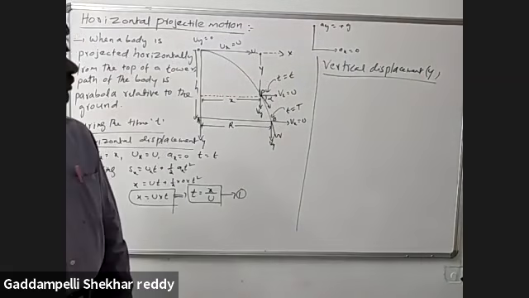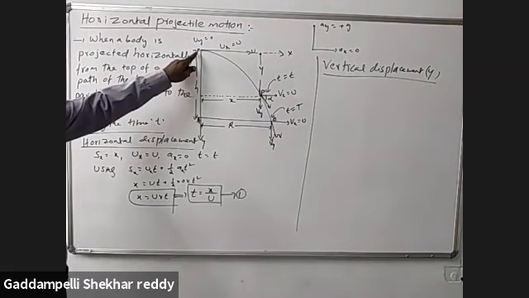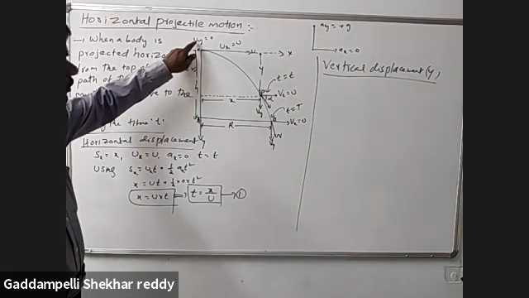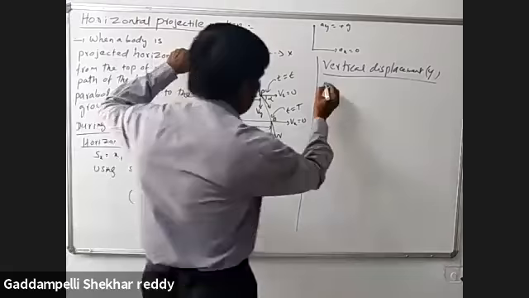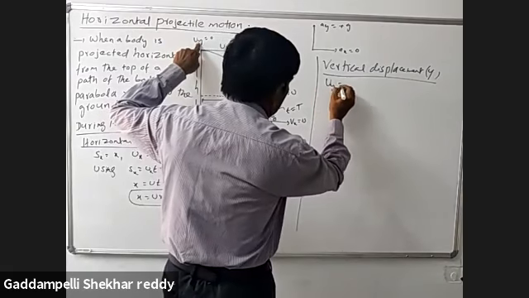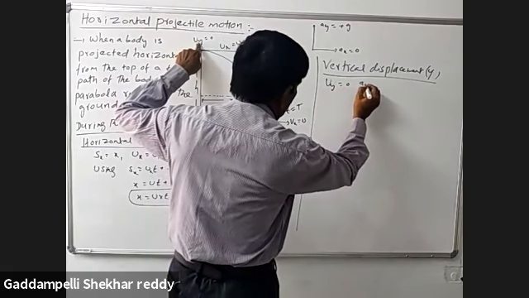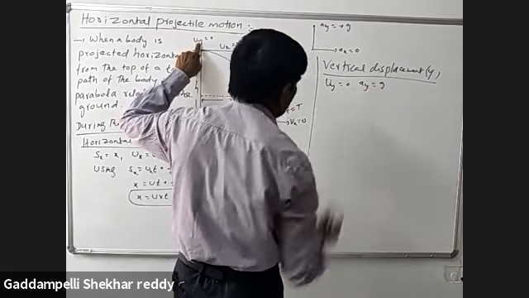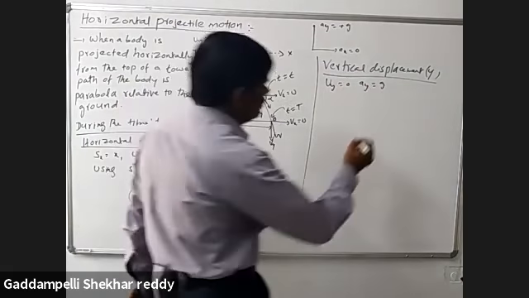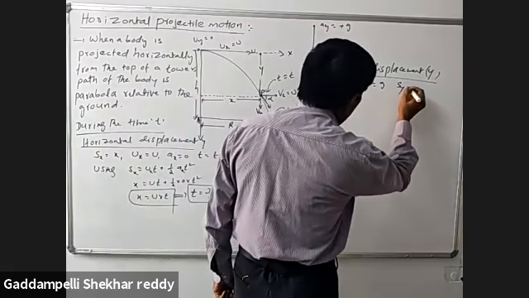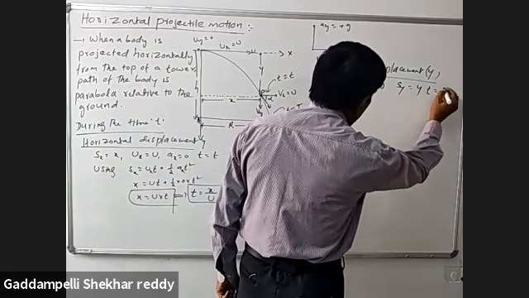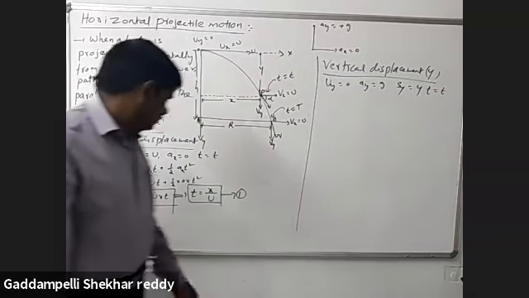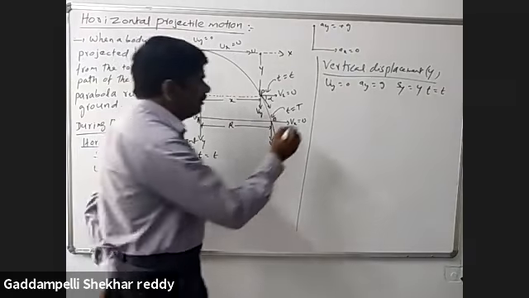If the body starts from point O, the initial vertical velocity uy is equal to 0. The acceleration is g, as the body moves downward. The distance traveled is sy is equal to y, and the time required is t.